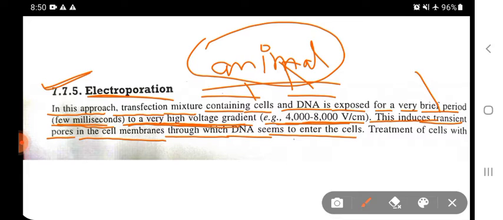For a brief period, a few milliseconds, a high voltage gradient of about 4000 to 8000 volt per centimeter is applied on that mixture where the animal cells and DNA have been placed. This causes temporary or transient pores in the cell membrane of the target cell, and with the help of these pores the DNA enters the cells.